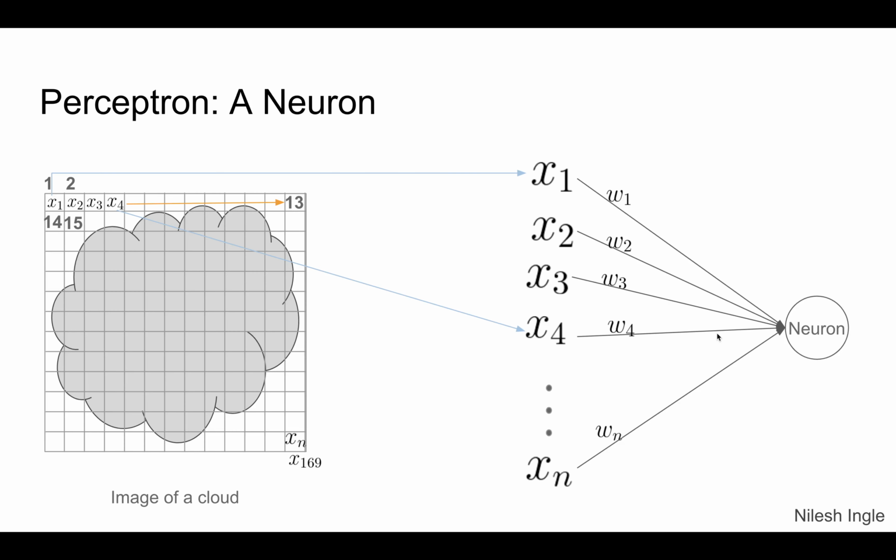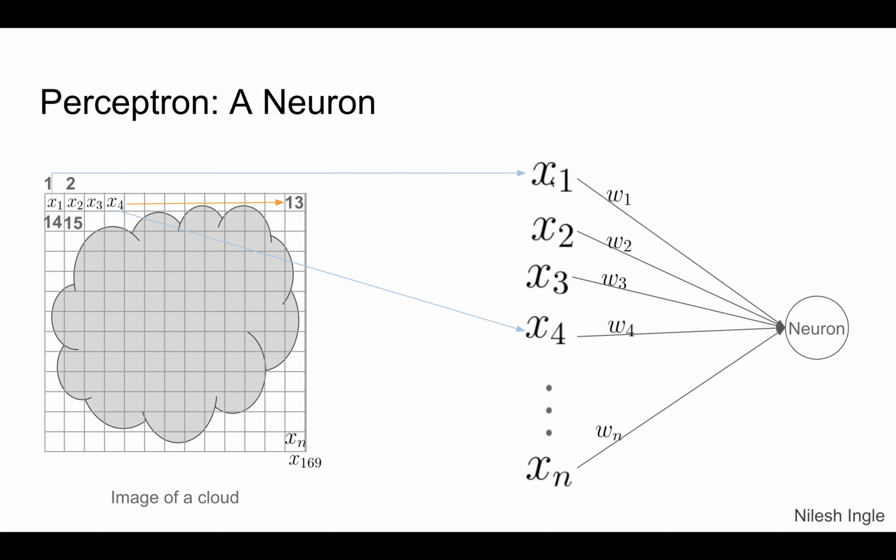Now in perceptron, let's look at this figure on the left hand side. That's an image of a cloud, and each of those squares is 1 pixel. So each of those pixels is input as a feature to this neuron that's shown here on the right hand side.